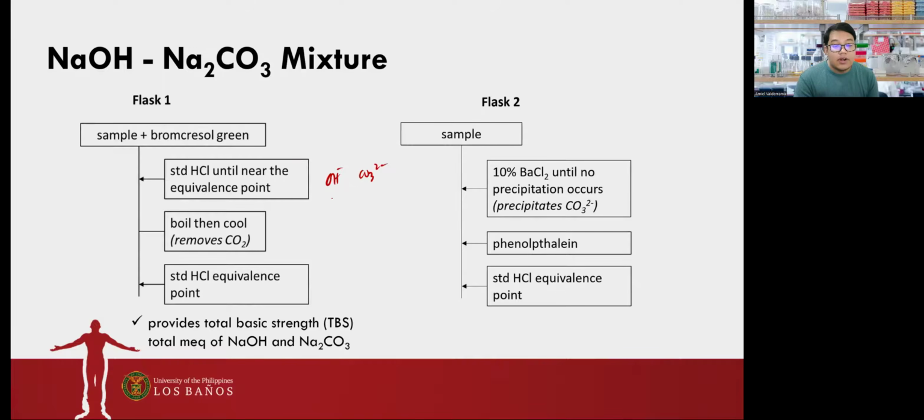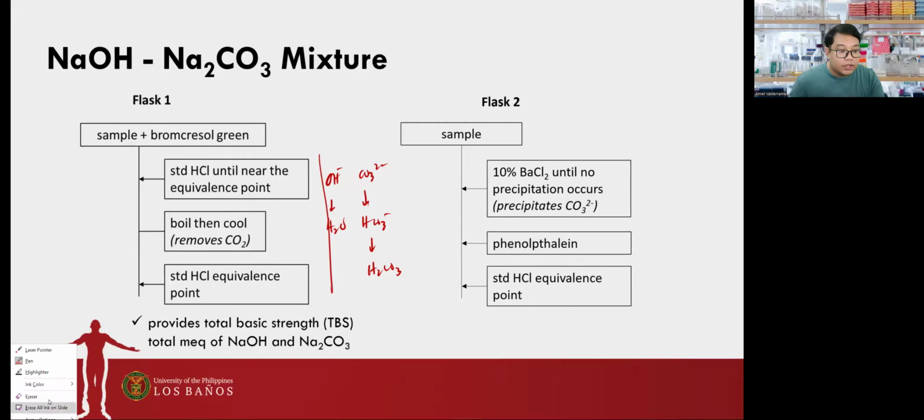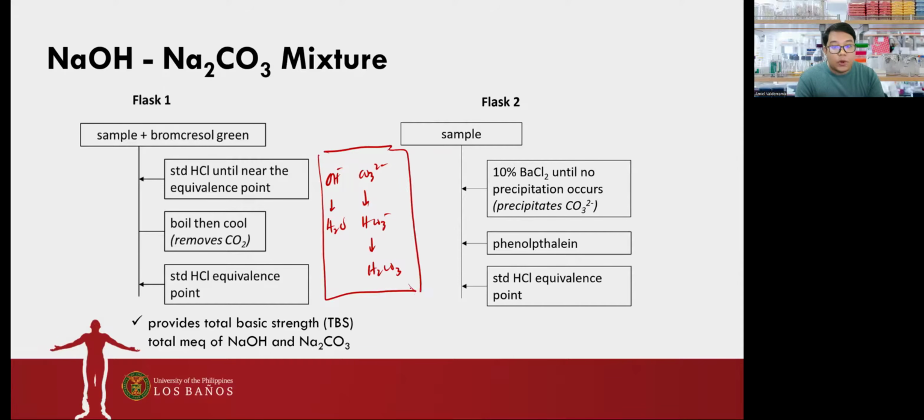So kaya nga i-cover yung total basic strength natin. Okay? Tapos magiging H2CO3 ito. So ito yung kayang i-cover ni BCG. Okay, itong buong to. So that's the total basic strength.